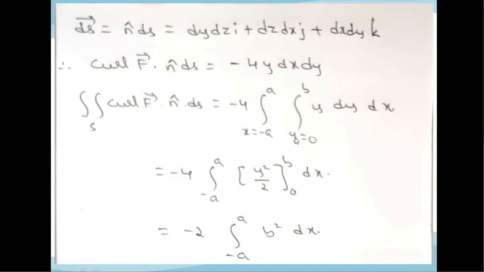Since it is y, we first integrate with respect to y and then with respect to x. Minus 4 times the integral from minus a to a of y squared by 2 between the limits 0 to b. Integration of y is y squared by 2. If you apply the limits, after simplification you get minus 2 times the integral from minus a to a of b squared dx.